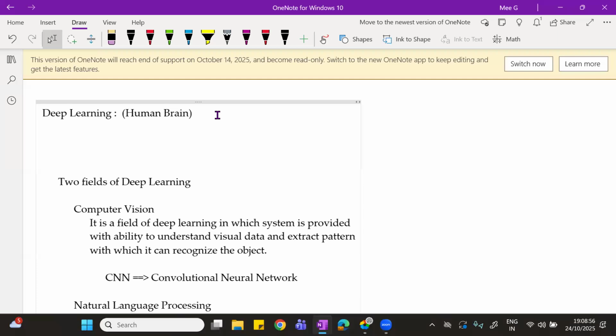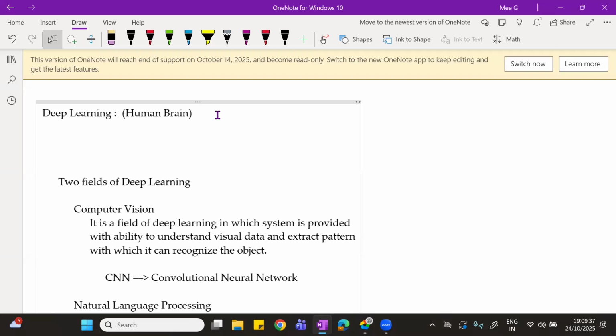Deep learning can be considered a subset of machine learning, in which an artificial neural network is used, which is based on the biological neural network, like the human brain, to solve complicated problems like text classification, image classification, image segmentation, text generation, sentiment analysis kind of stuff.